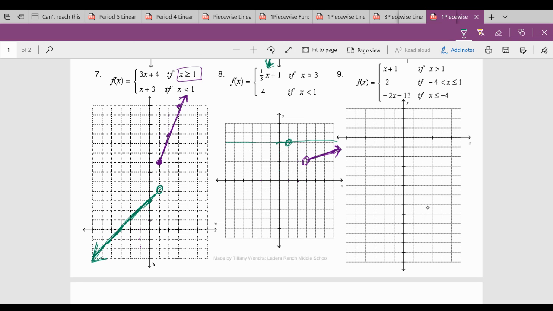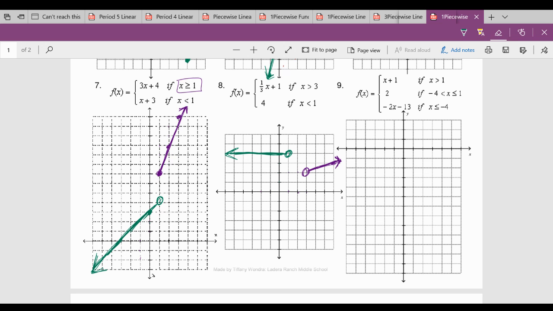So I'm going to have an open circle right here, and it's everything less than, so everything right here. Now this one's a little different because what's happening at 2? Nothing. It's still a function. Every input has one output, and it's fine because there's still no repeats.